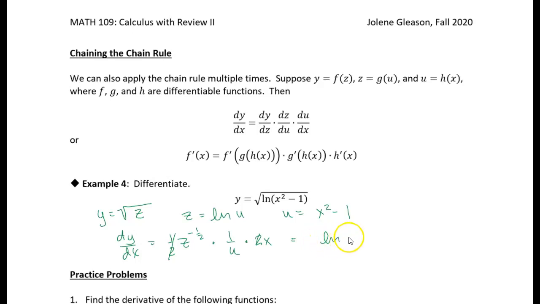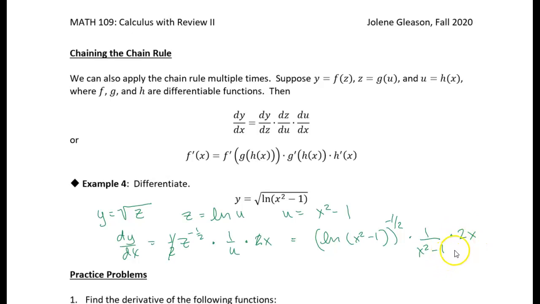So we have the natural log of x squared minus 1, that whole thing, taken to the minus 1/2 power. That's the first function. And then we have times 1 over u, but u is x squared minus 1, okay? And then finally, the 2x is still just 2x.